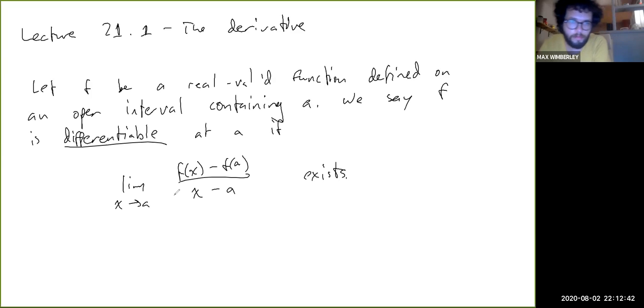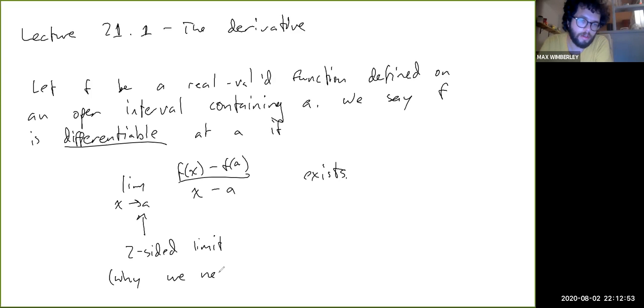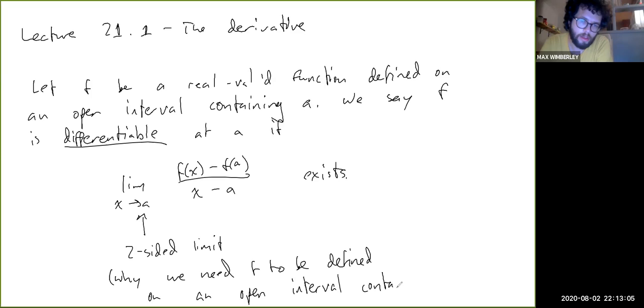You'll notice that this is a two-sided limit, which is why we need f to be defined on an open interval containing a.